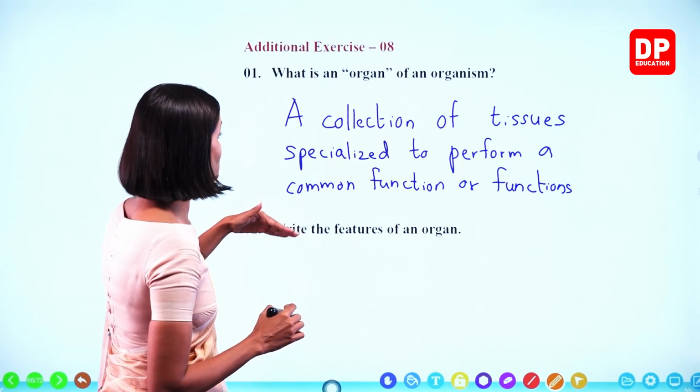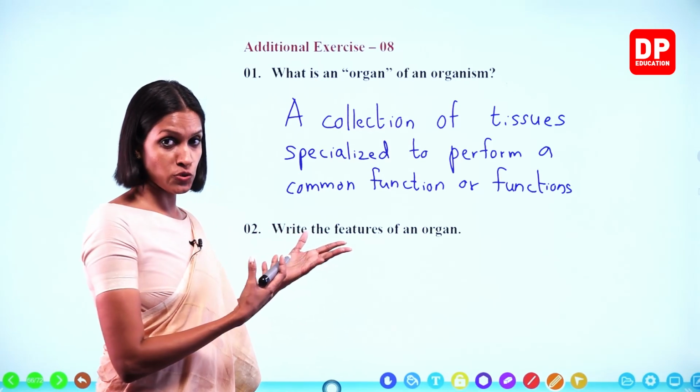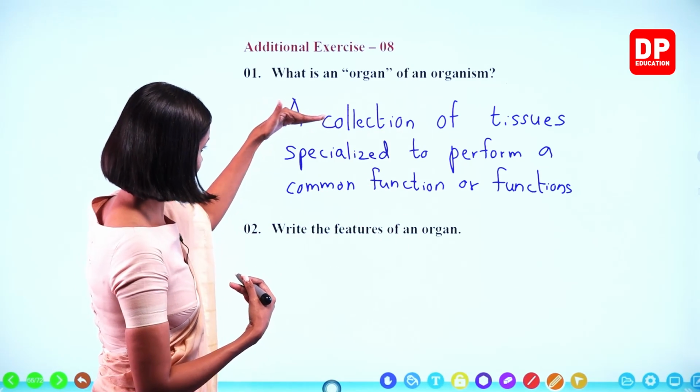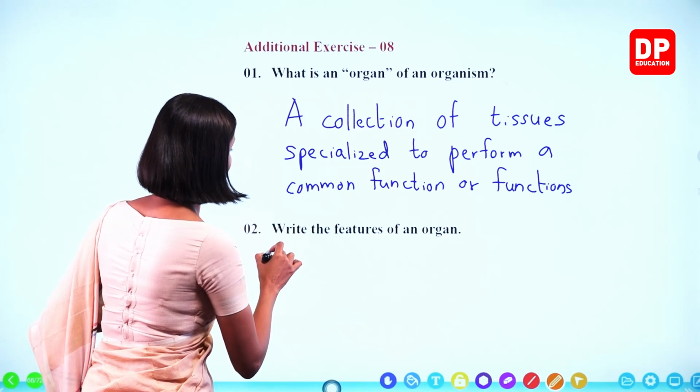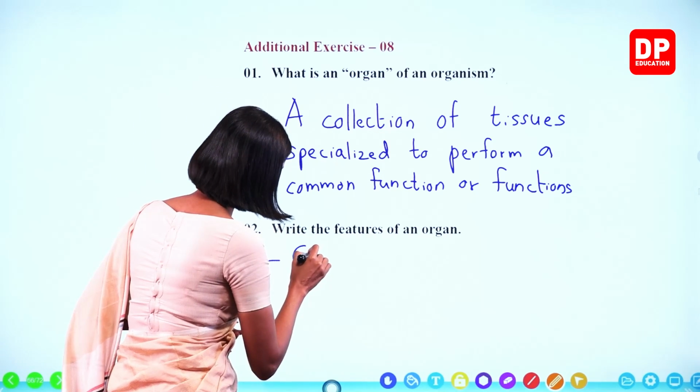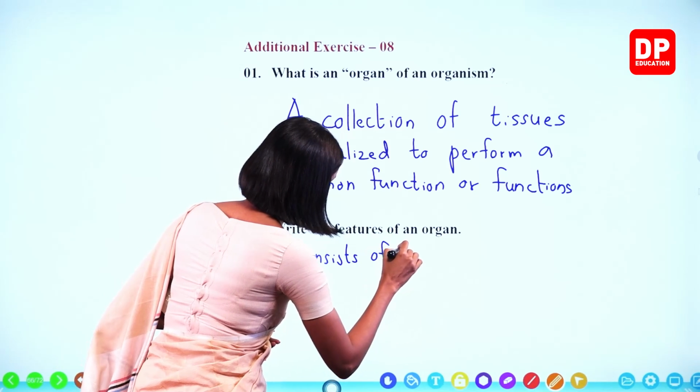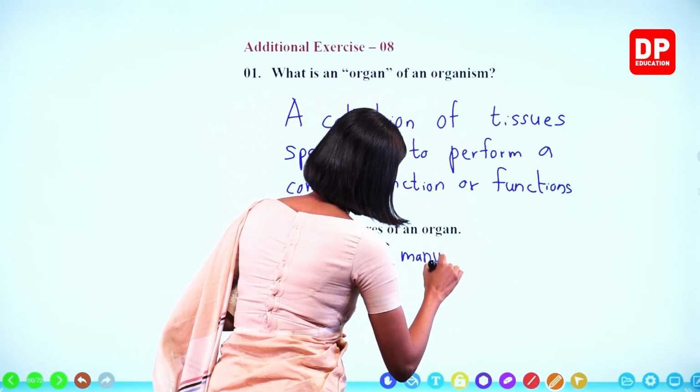An organ is made up of a collection of tissues and they perform a common function or functions. We can break this down and write here. The features consist of many tissues.